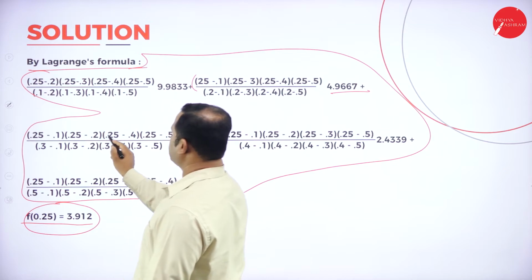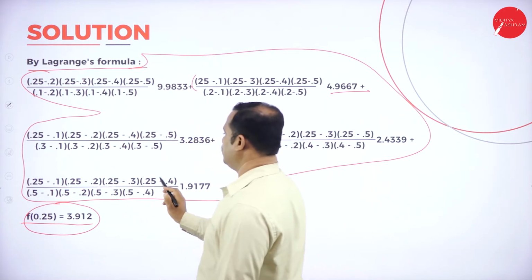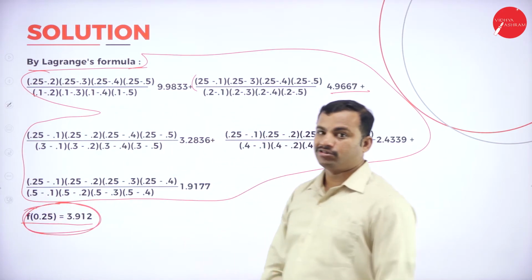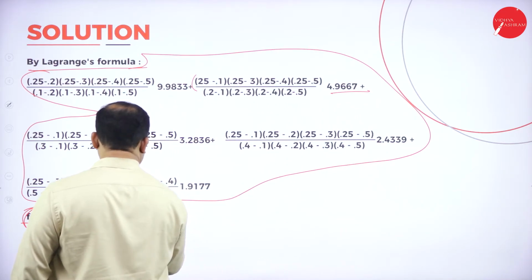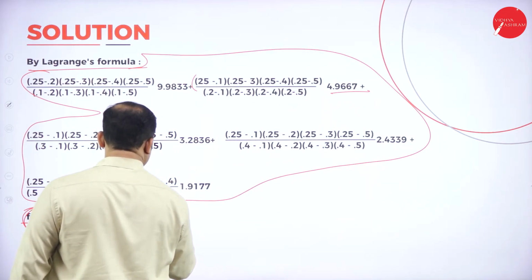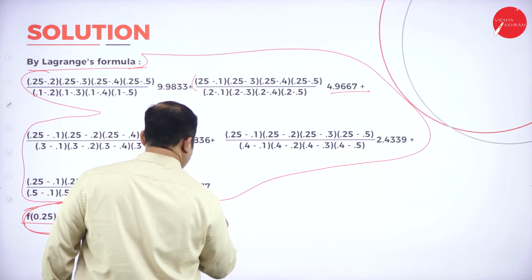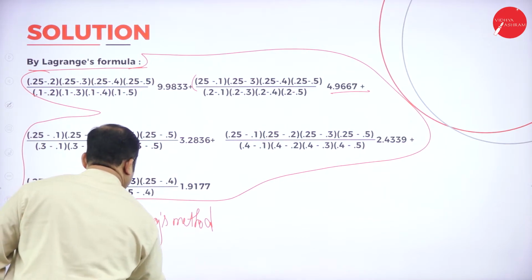Then 0.3 is skipped, then 0.4, then 0.5 is skipped. If I do these operations, finally I'll be left with f of 0.25 equal to 3.912 by Lagrange method. The same value is applicable for Newton's divided difference method.